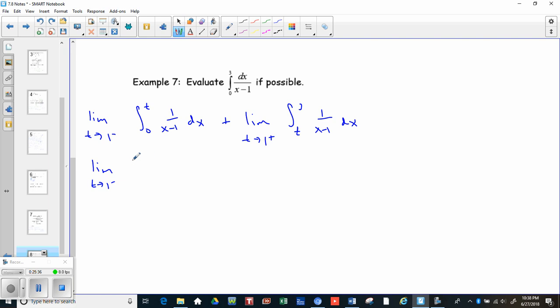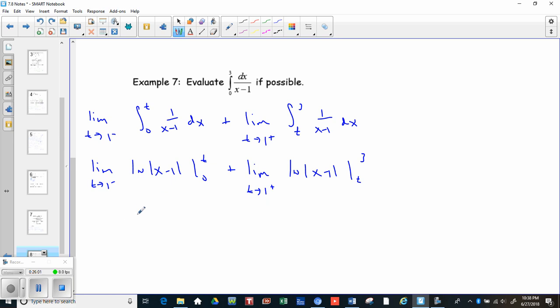This is going to be a natural log, so it's the natural log absolute value x minus 1 from 0 to t. Then we'll have the limit as t approaches 1 from the positive side of natural log absolute value x minus 1 from t to 3.